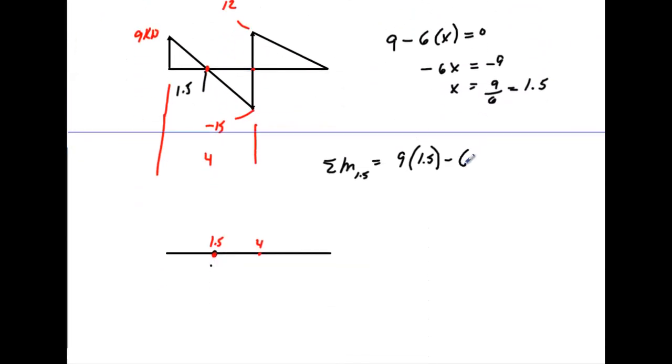So that would be 6 times 1.5 times its moment arm, which will be half of 1.5, or 0.75. We'll run that value here. So what is 9 times 1.5 minus 6 times 1.5 times 0.75? That gives us a value of 6.75.